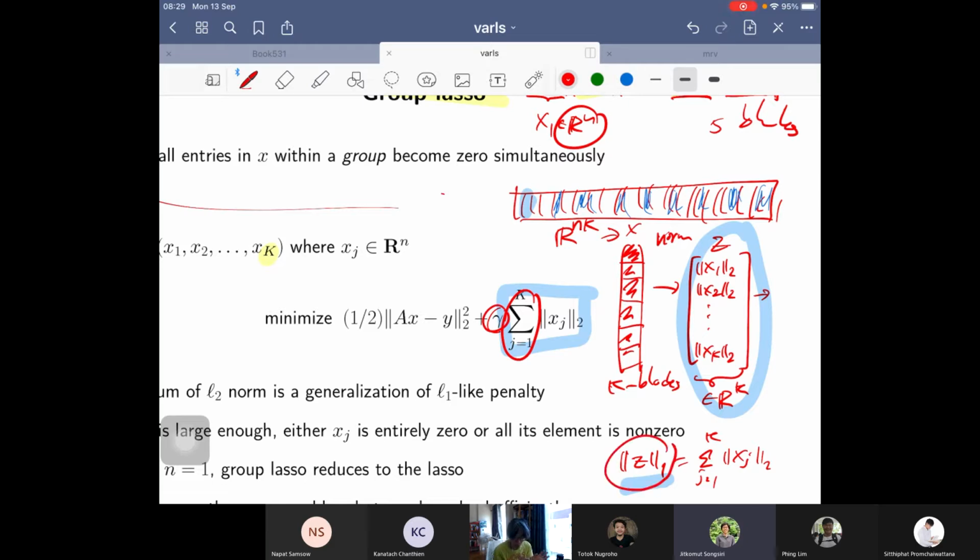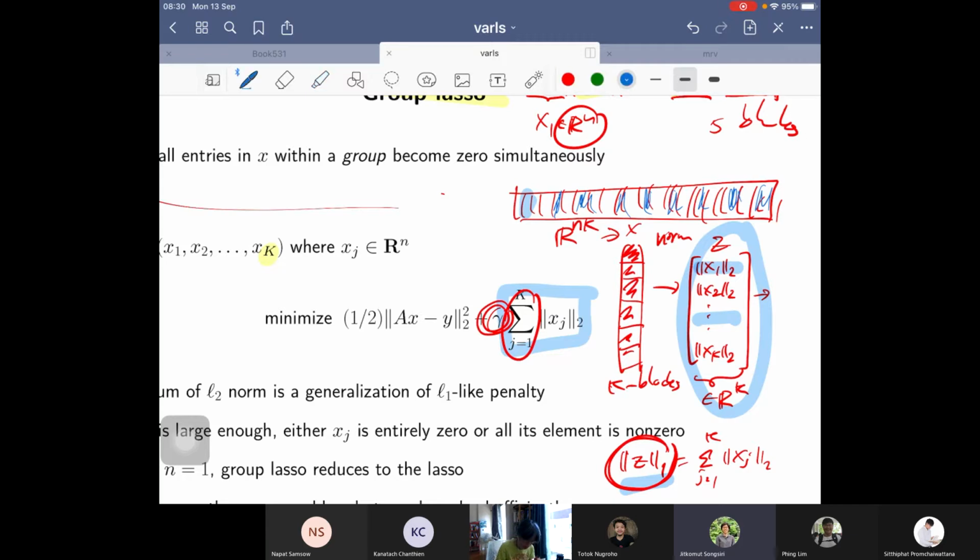Whenever gamma is big enough, the L1 norm of Z will be small. But when the L1 norm of Z is small, it means that it introduces sparsity in Z.